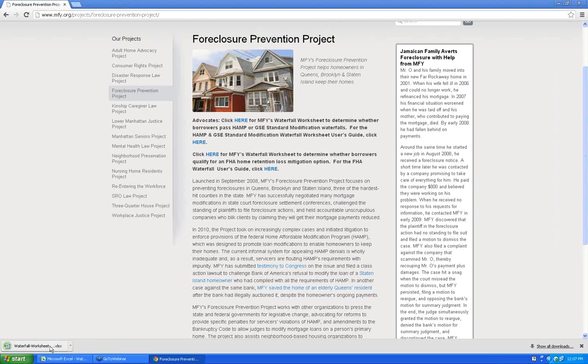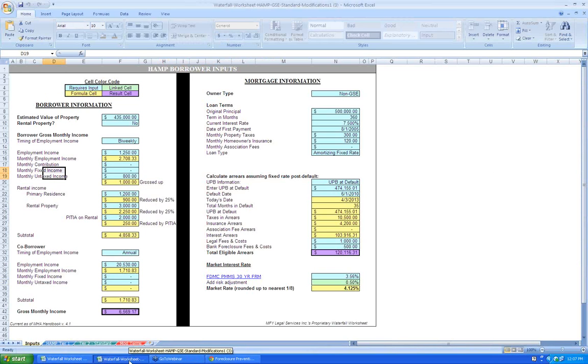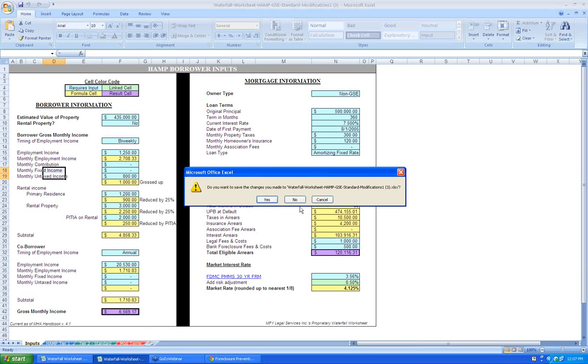And now when you click on that, your browser will open, you'll go to our website, and you'll download a fresh Excel file straight from us, so that if we've made any changes since you've last downloaded it, you don't have to worry about that. You'll have the freshest, newest copy.